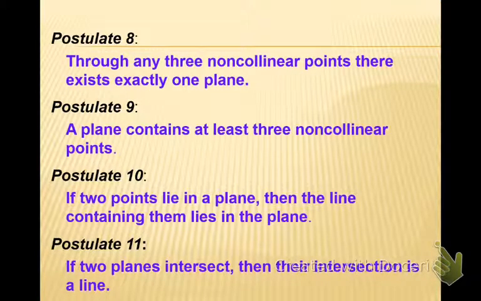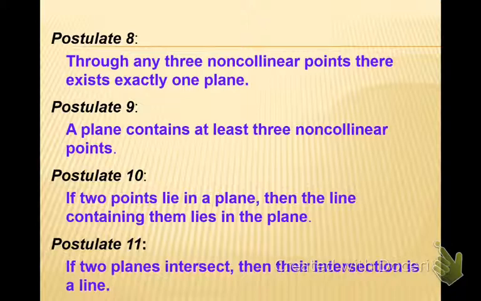Postulate 9 says a plane contains at least 3 non-collinear points. And that word non-collinear is pretty important. So an example of postulate 9, you'd want to find a plane and then figure out what 3 non-collinear points might exist in that. Postulate 10, if 2 points lie in a plane, then the line containing them lies in the plane.